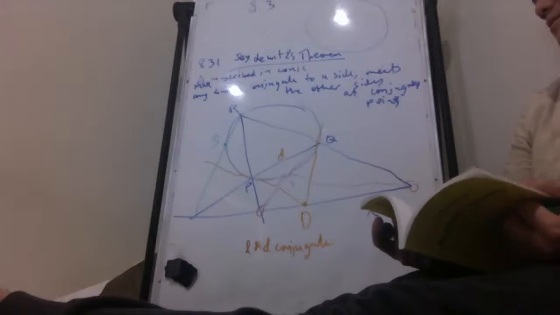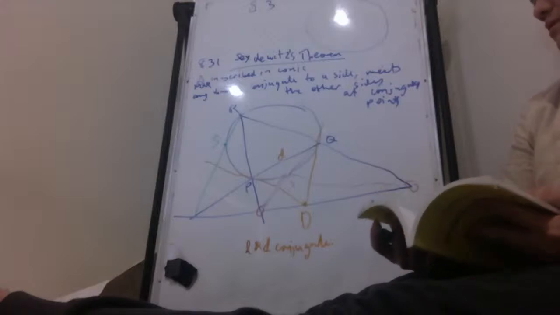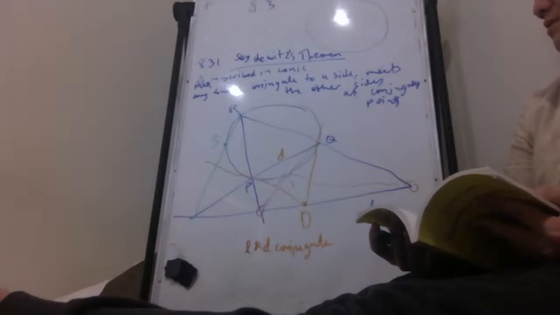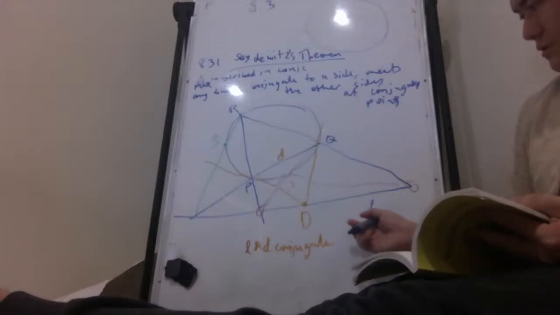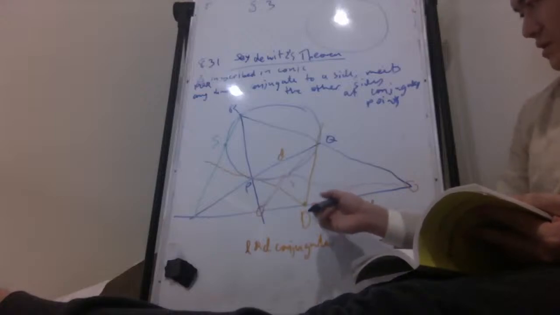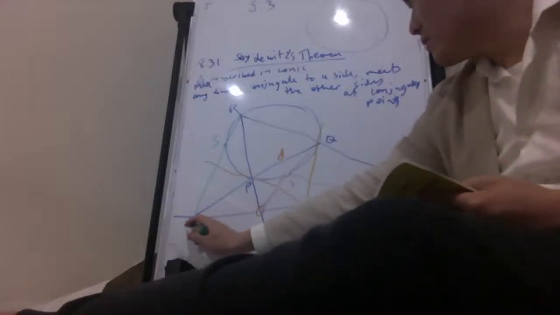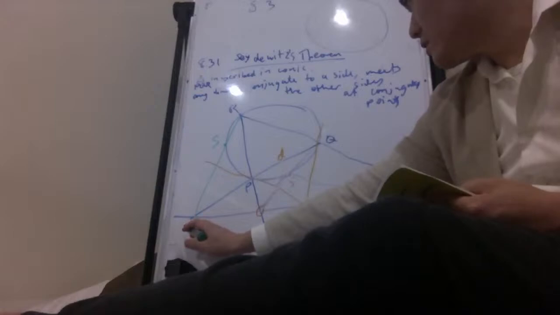Oh, I see. So I guess what that means, one thing we can deduce is since little l passes through big D, then big L must lie on little d.